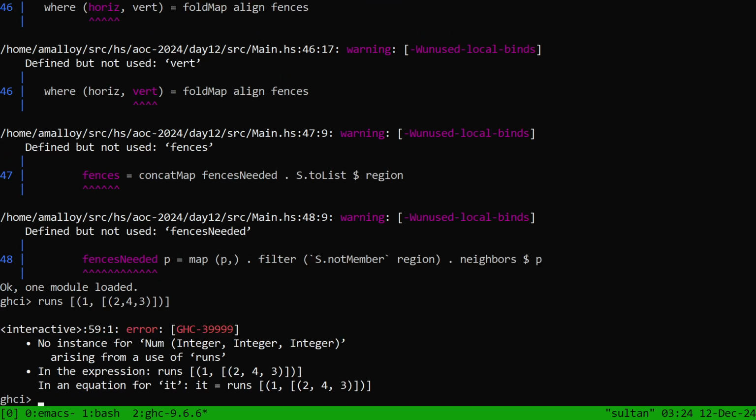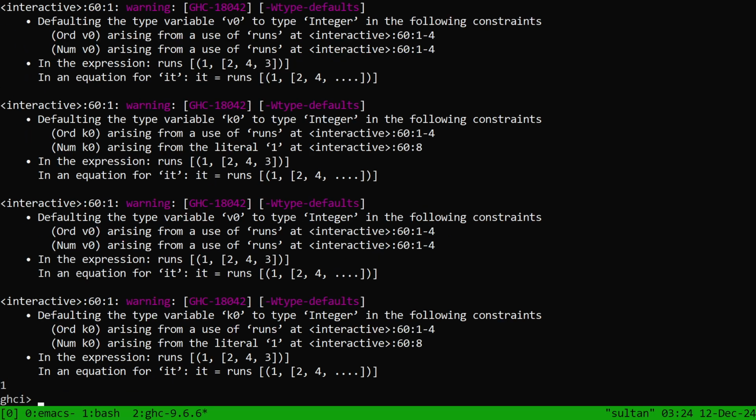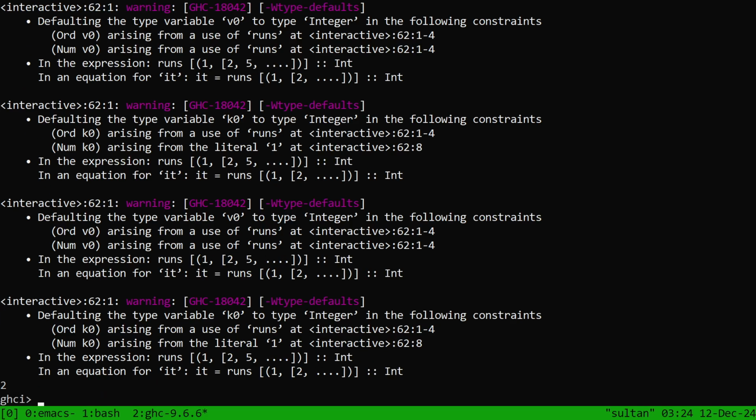Should be 1, right? Oh, yeah, these shouldn't be, they're already a list. I don't need to make them a list. But if I said 2, 3, 5, there would be 2. Yeah, that looks right. As an int, please.